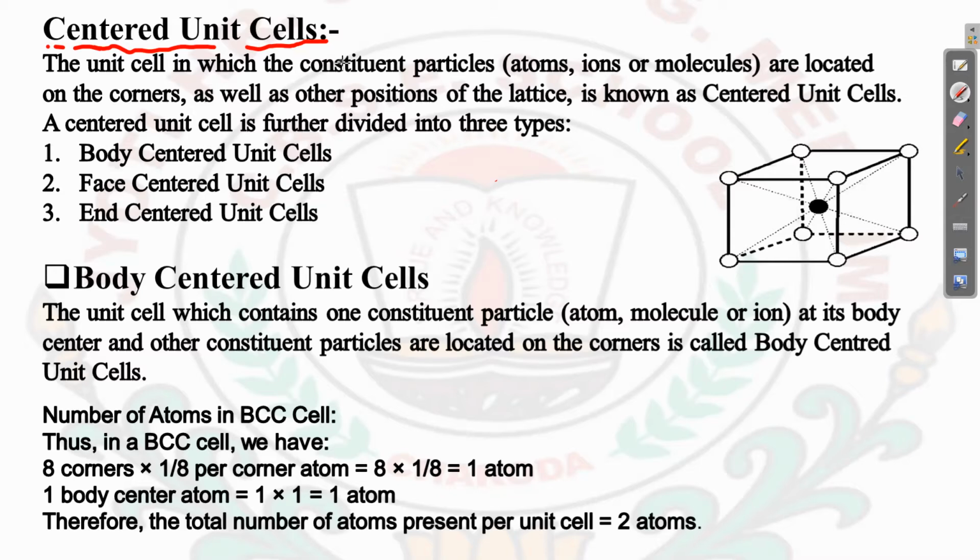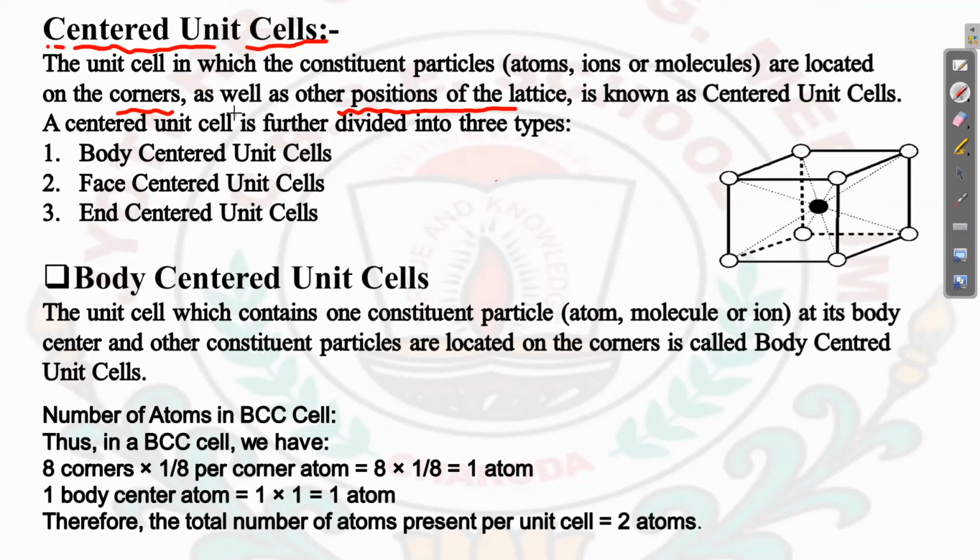So it means that 8 particles will naturally be present at the corners, but some other particles will be centered at different positions of the lattice also. Other than the corner position, we can see particles at some other positions also.